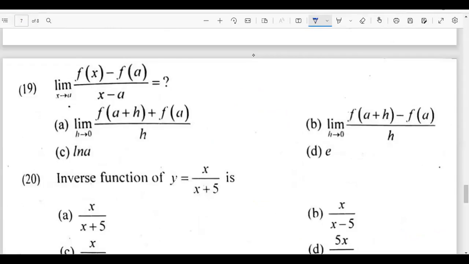Okay. Now, for the 19th question, let's understand the question first. It says f of x minus f of a divided by x minus a, and x is going to a. The limit is x approaching a, and the function is in front of you. It is basically f of x minus f of a divided by x minus a. Okay. Now let's just plug in the limit a and let's see what exactly we are getting.